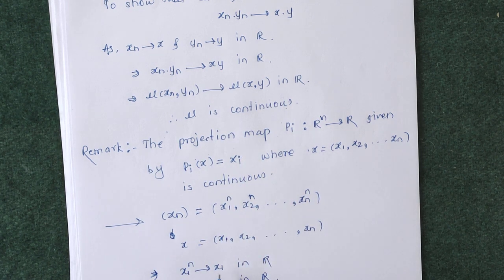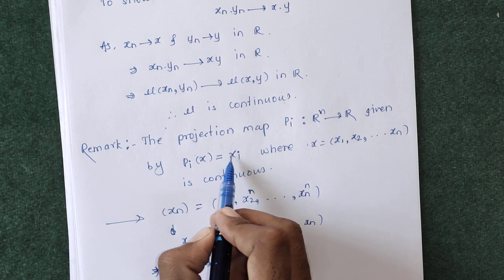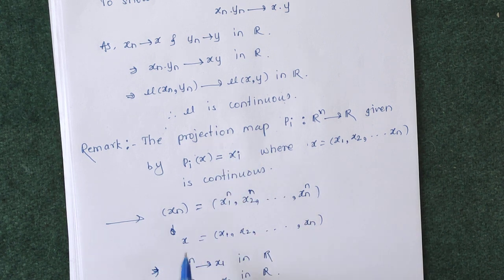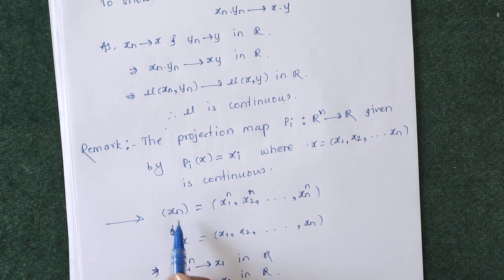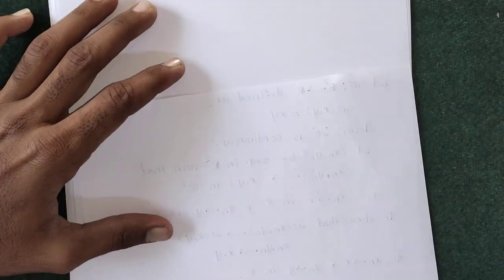So xi to the power n converges to xi, since x1 to the power n converges to x1, x2 to the power n converges to x2, and xn to the power n converges to xn. So every element converges to itself. If we apply pi, then the image of the sequence converges to these elements. We will just continue this proof.